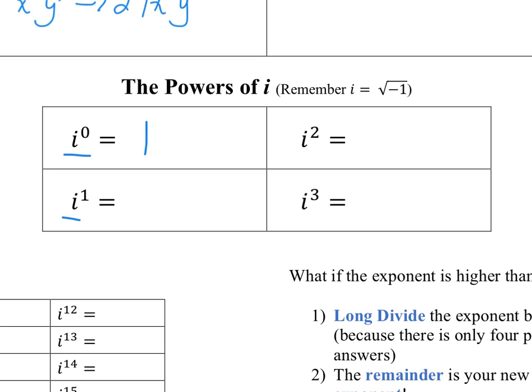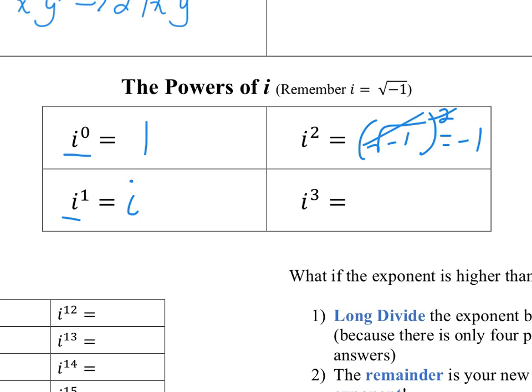I to the first power is just itself, because anything to the first power is itself. Now I squared, whenever you square a radical, remember the radical goes away, so you're simply left with -1.